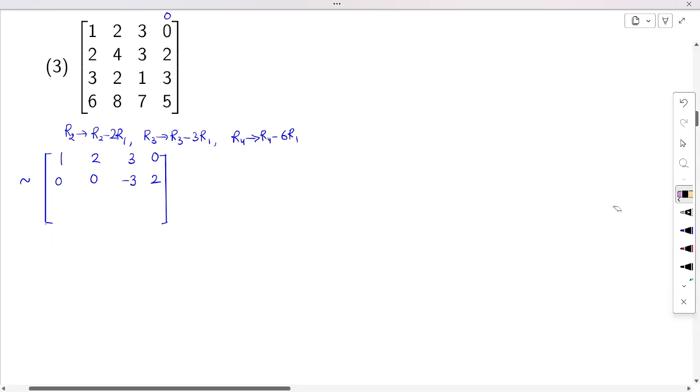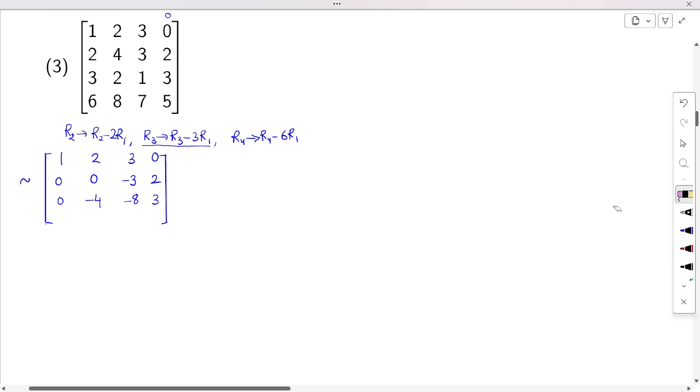Next, we are applying this operation, multiplying the first row by 3. This becomes 3, 6, 9, 0, and subtract it from row 3. It becomes 3 minus 3, 0, 2 minus 6, minus 4, 1 minus 9 is minus 8, and 3 minus 0 is 3.